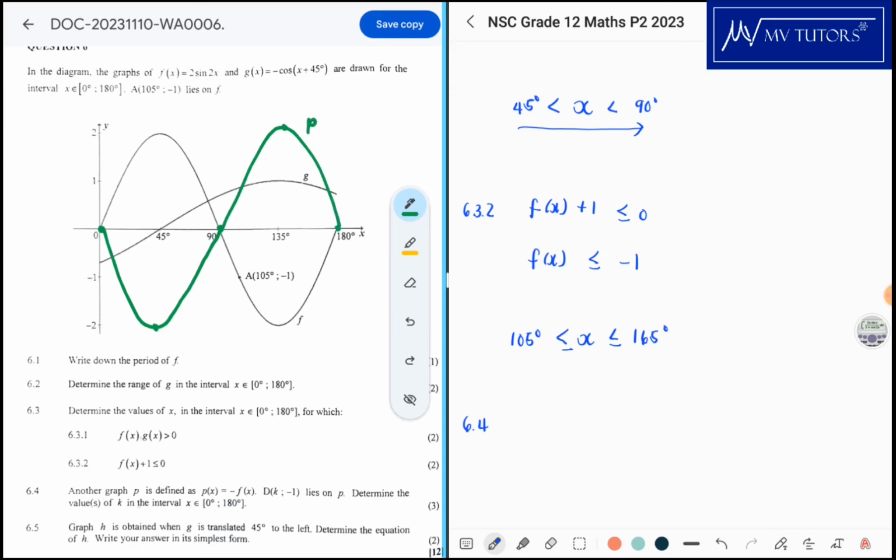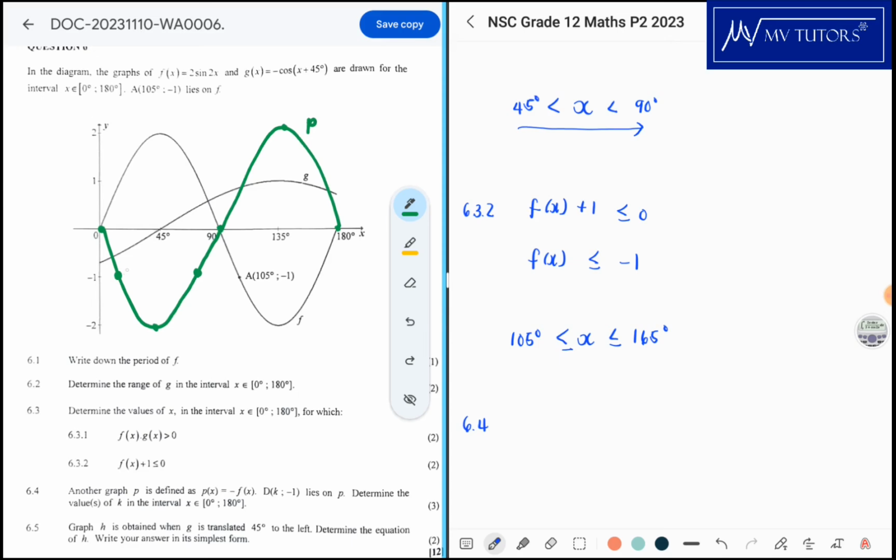So now they're saying another graph P is defined as that, right? And then D, which has an x value and -1, remember this is where -1 is. So yes, it lies on P. Now it says determine the value or values of K in that interval between 0 and 180.